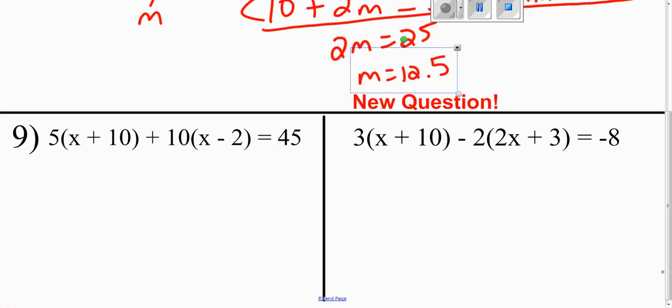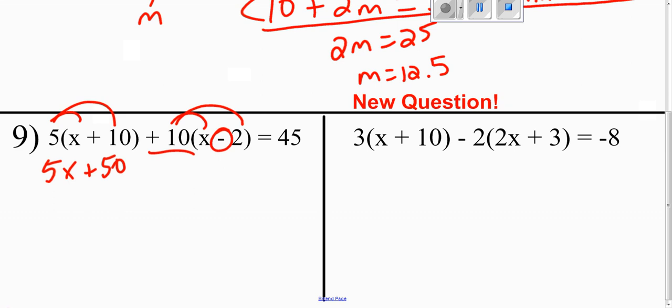Number 9, solve the equations. So distributive property, and then we're going to combine like terms. 5x plus 50. Now this is where you have to be careful, because it's plus 10, but inside I see a negative sign. So just keep that in mind as you're doing the distributive property.